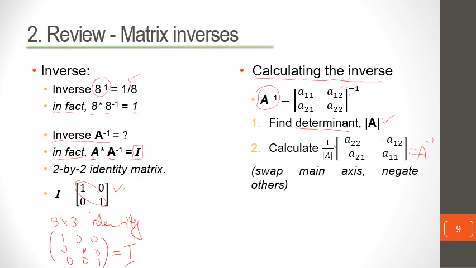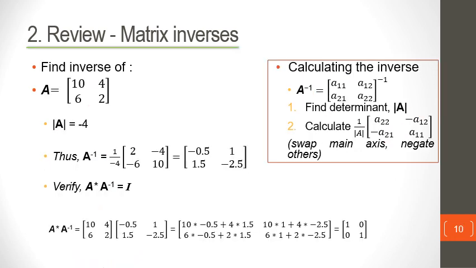The diagonal elements of the leading diagonal swap: A11 exchanges spots with A22, and then the lagging diagonal elements are simply made negative. So that means we have now created an inverse of the matrix A. The steps are: you calculate the determinant, then you swap the leading diagonal elements, and then you negate the rest of the other elements.